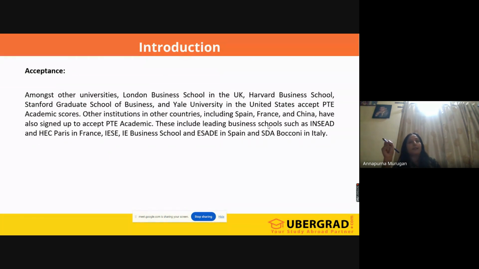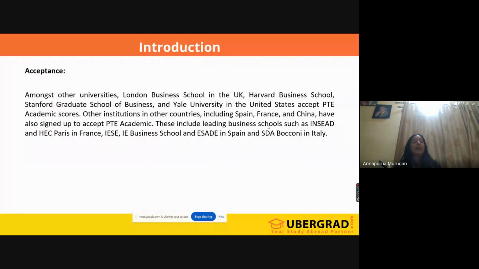Before, this test was not accepted by all countries and all universities, but now it is accepted throughout the world. Before, only Australia and New Zealand used to accept this, but now it is not the same.